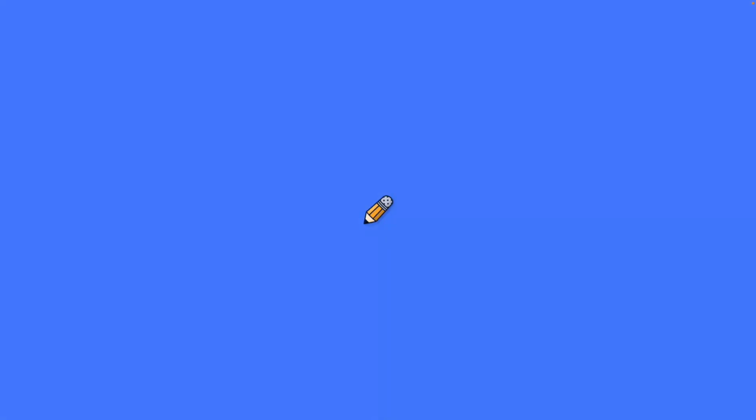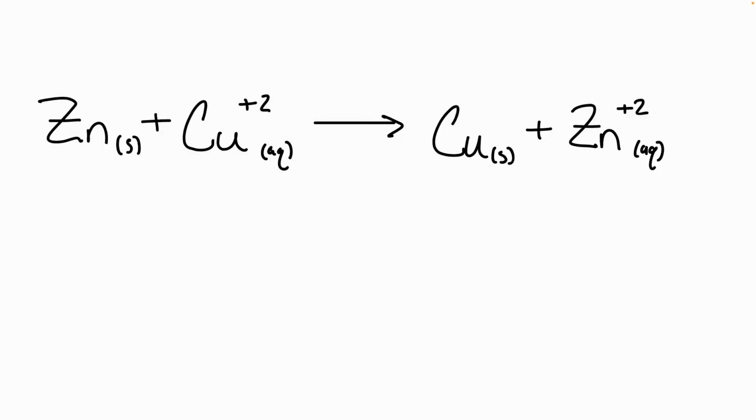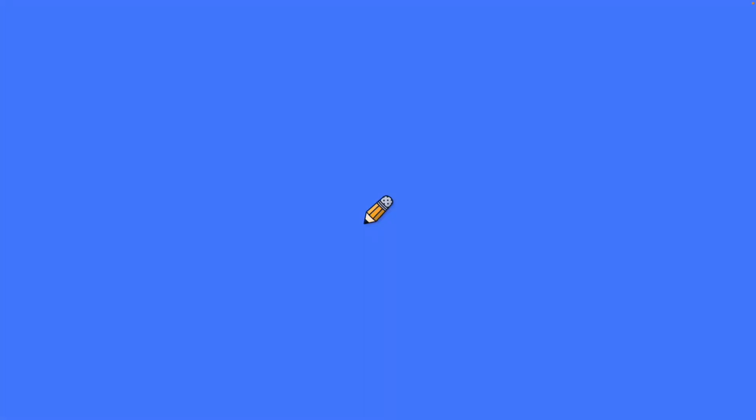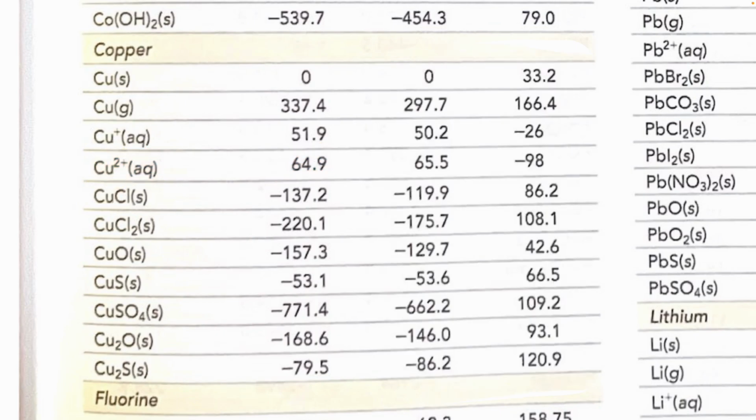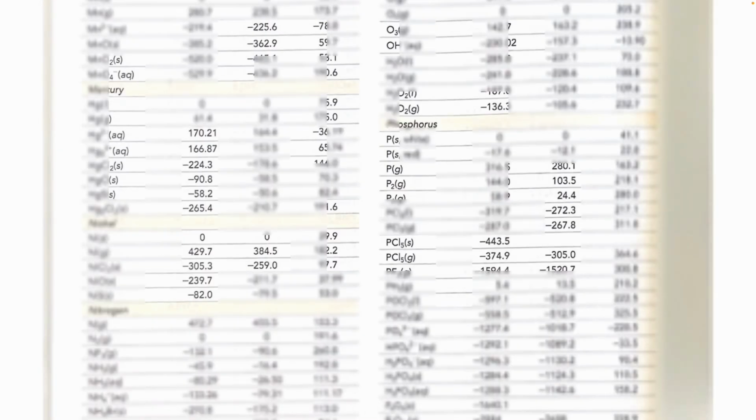So let me just go back and annotate that before I forget these values. 0 and 64.9. Cool. Now we need to do the same thing with zinc. I'm going to go down to Z now.